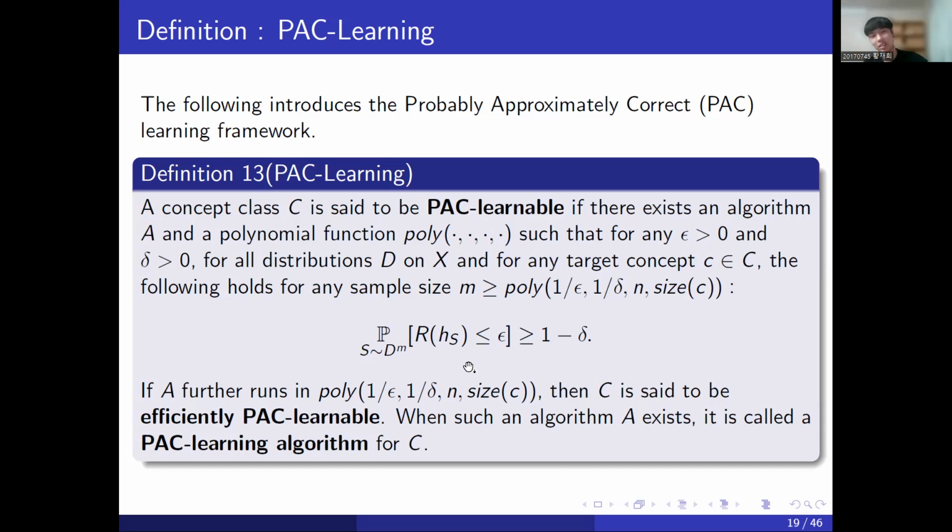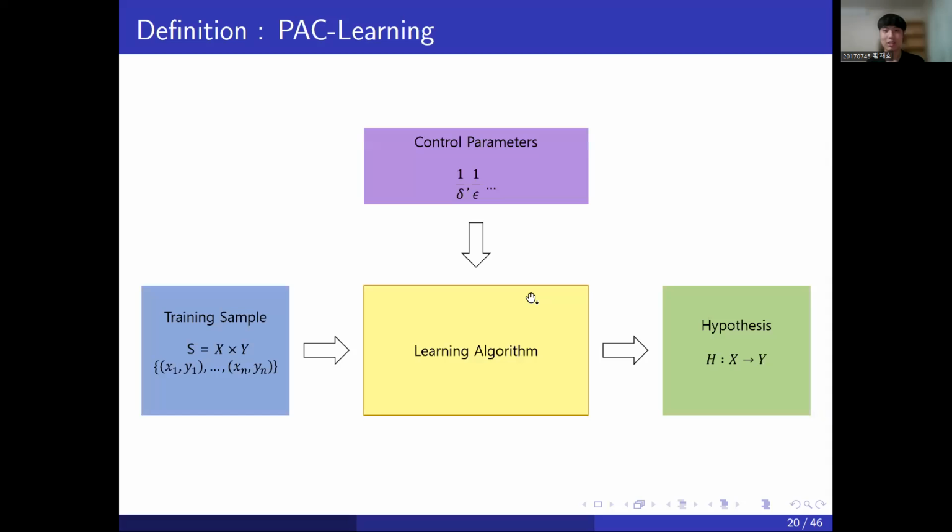I know that this definition is very hard to understand at once, so I tried to find some figures about the definition of PAC learnability. But as you know, the definition is quite abstract, so I couldn't find any. So I made a kind of diagram of this PAC learnability.